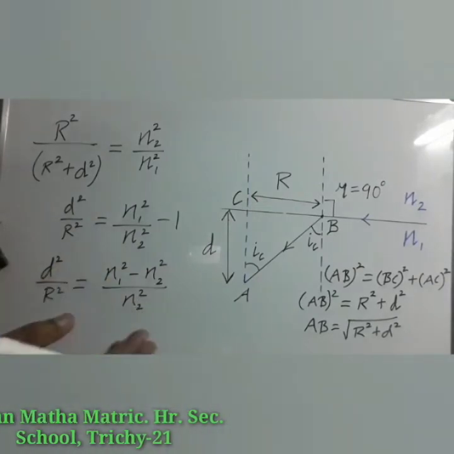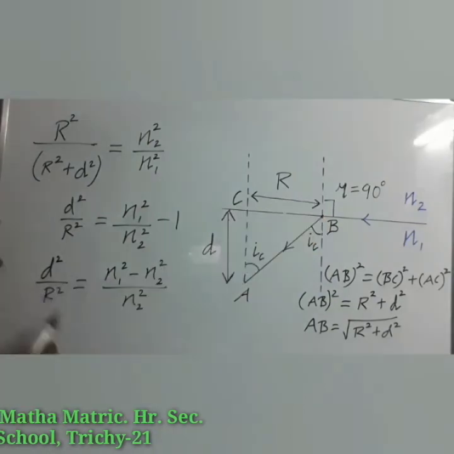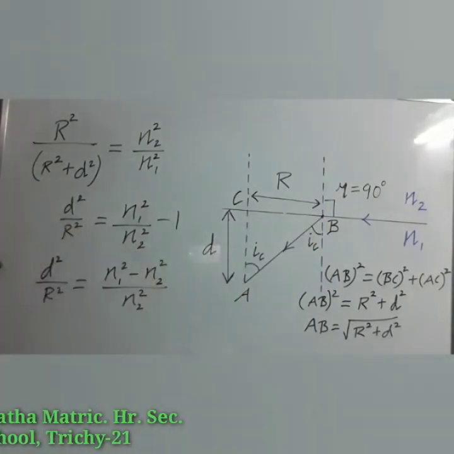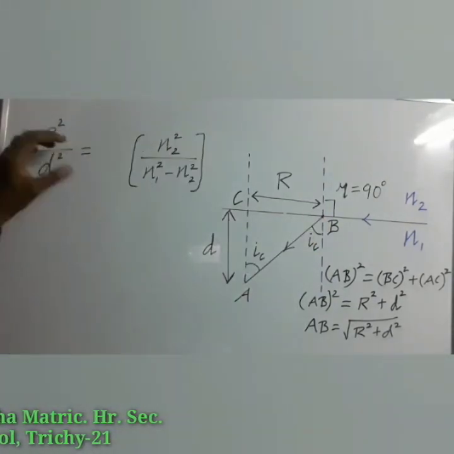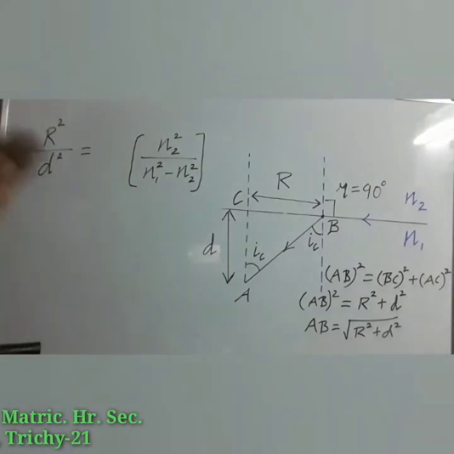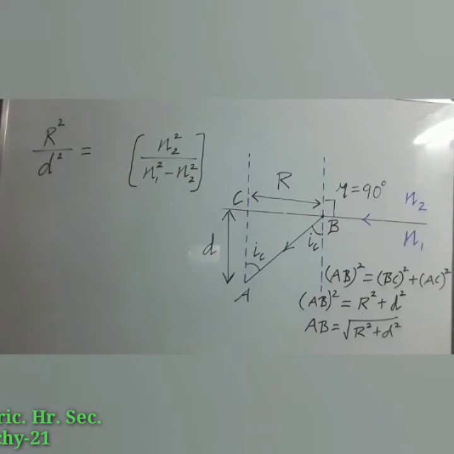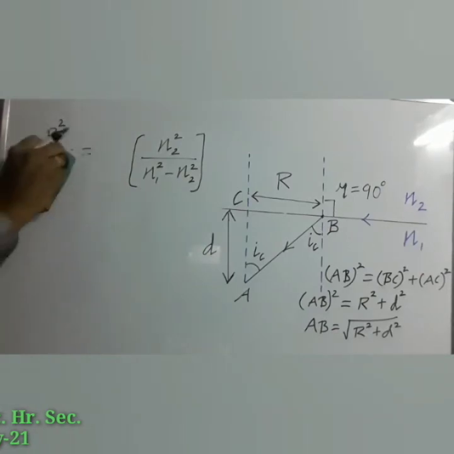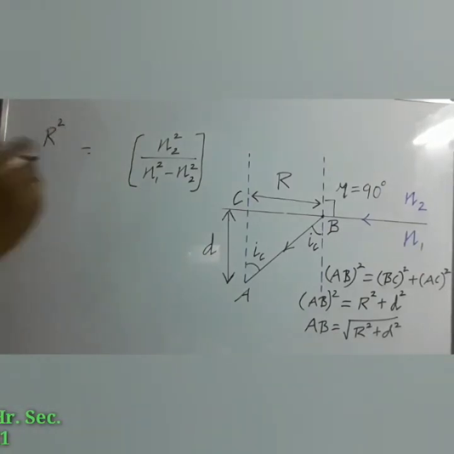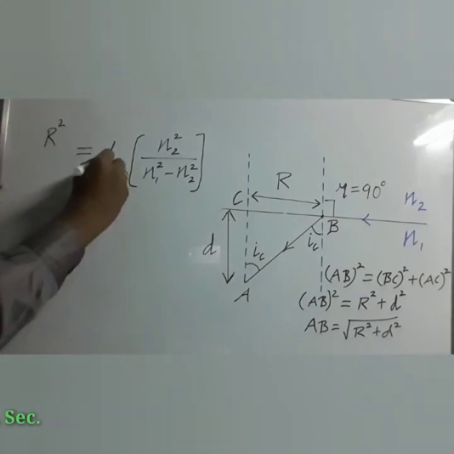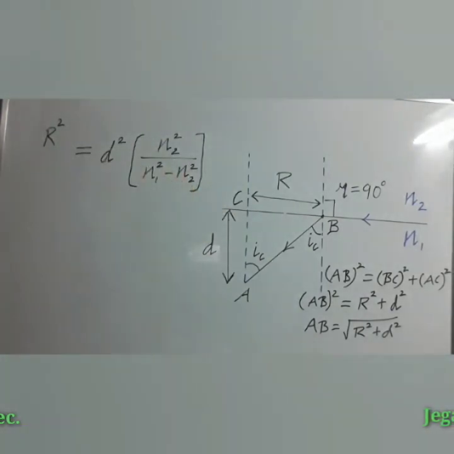What you are going to find? You are going to find the radius R. For that, once again you have to take the reciprocal. Now easily you can find the R value. For that, D square can be taken to the right side. So R square is equal to D square into this expression.